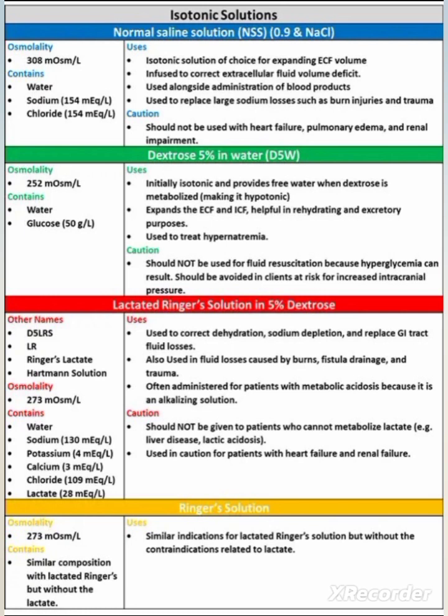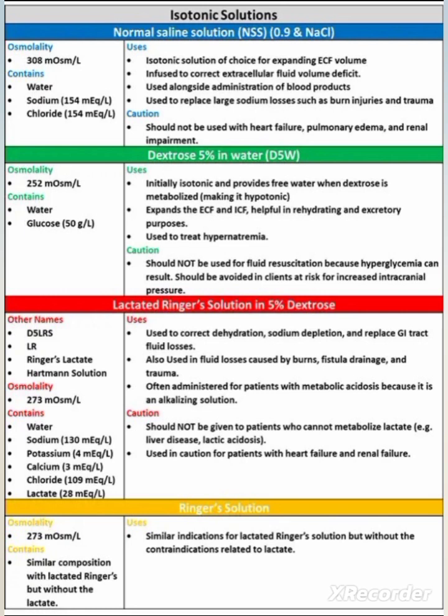It expands extracellular fluid volume along with the expansion of intracellular fluid volume, and it is helpful for rehydrating and excretory purposes. Another use of dextrose 5% is to treat hypernatremia.